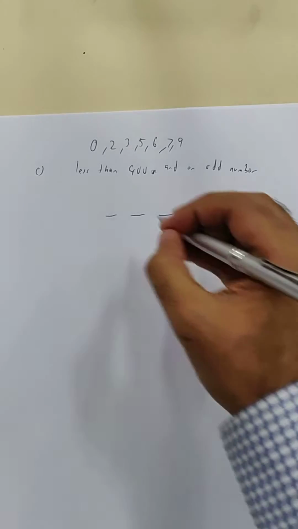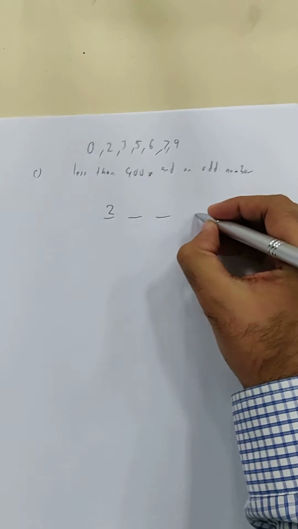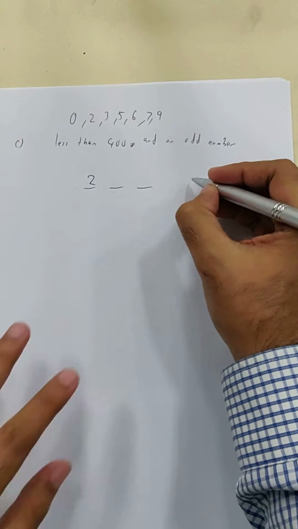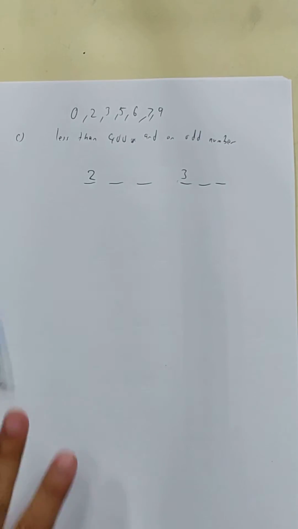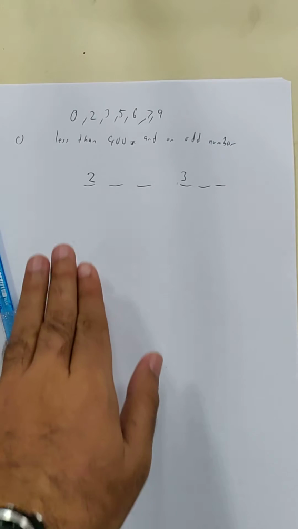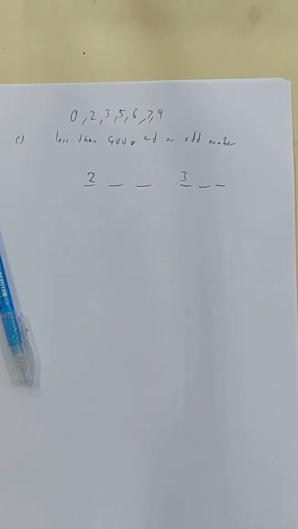Okay, so less than 400, our first number can be what? It's either 2 or 3. Okay? If I start with 2, what's my end going to be for it to be odd?